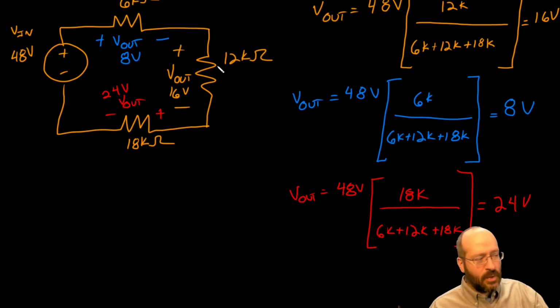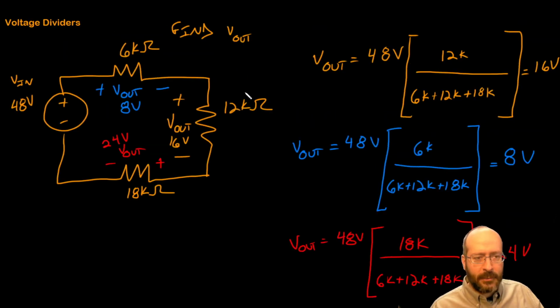Sometimes we have the voltage of one and we want to work back to the other. We can do that, and I'll do that in the next video. But this is pretty straightforward to apply the voltage divider when we have more than two. All we do is tack on terms in the denominator. Okay, it's easy for the voltage divider. It's not easy for the current divider. We're going to see that when we get there.